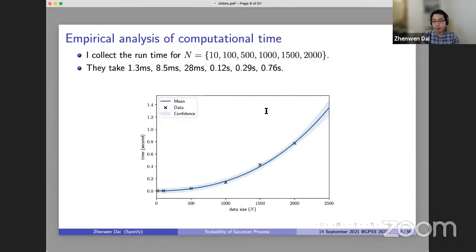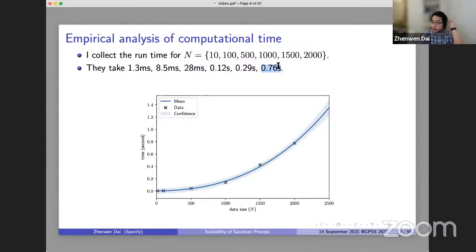I just did it for these examples on my laptop. For n equals 10, we have like 1.3 milliseconds. N equals 100, I get 8 milliseconds. And when I try n equals 2000 data points, I have like 0.76 seconds.